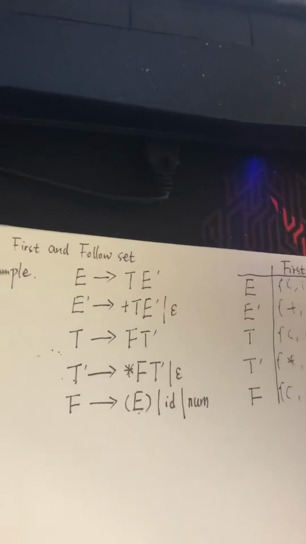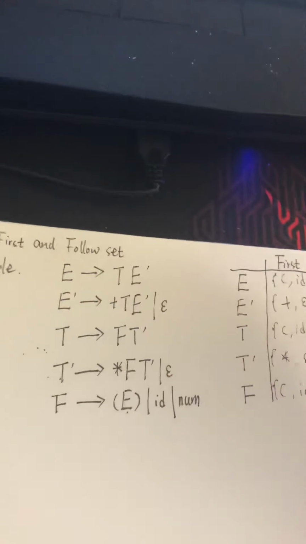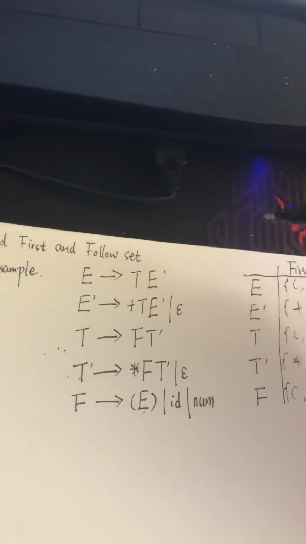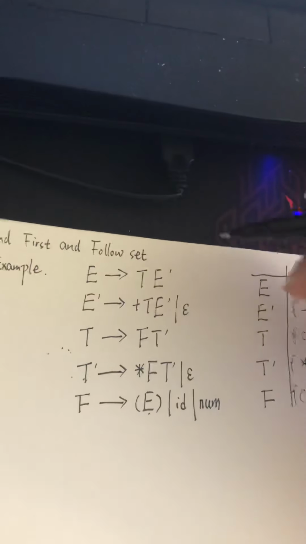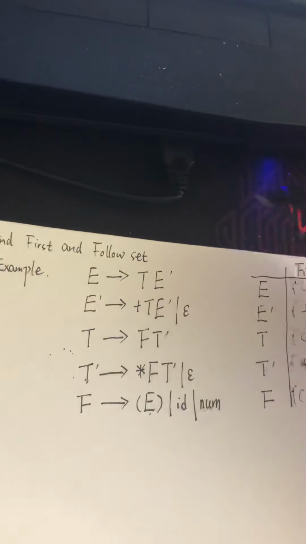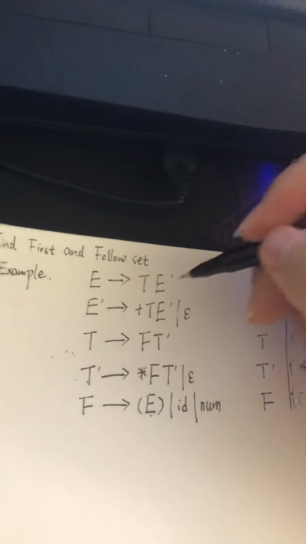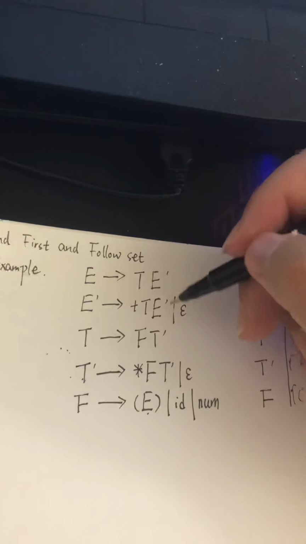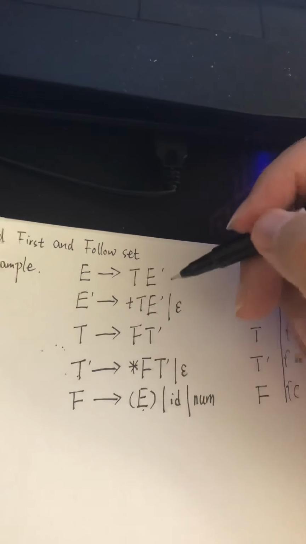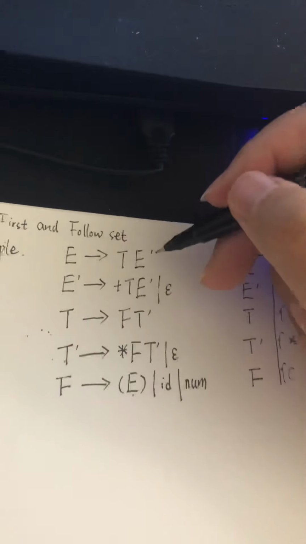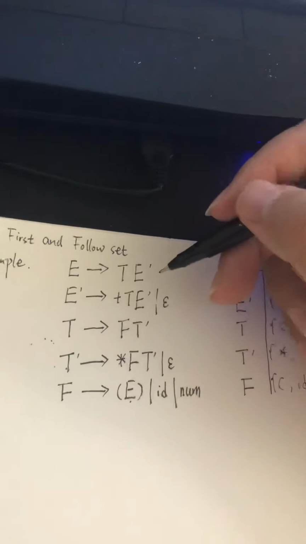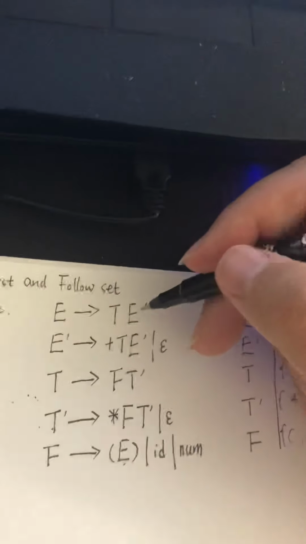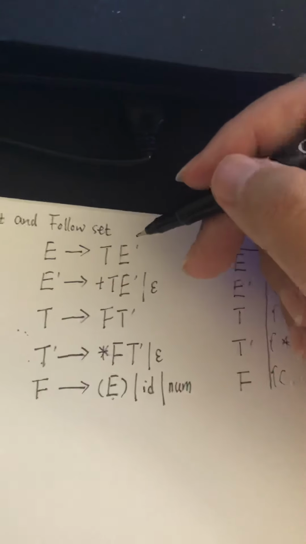We need to find the follow of E prime. What is follow of E prime? We first look at the right side to see if there is any E prime. We see the first E prime and the second E prime, two E primes here. The first E prime is in the first row.